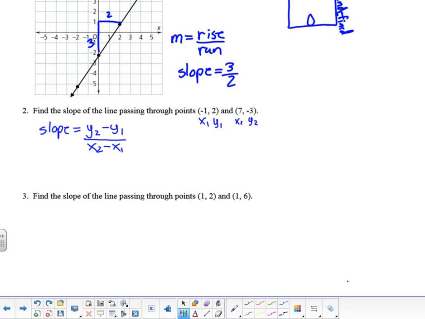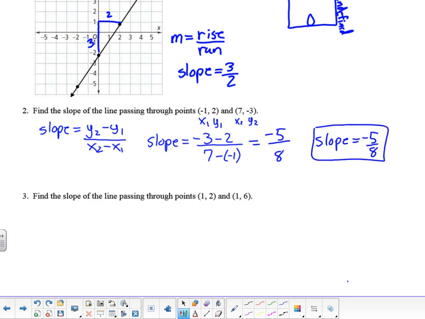So negative 3 minus 2 over x2 minus x1. Always put that second negative number in parentheses. Negative 3 minus 2 is negative 5. 7 minus negative 1 is 8. So the slope here would be negative 5 over 8.